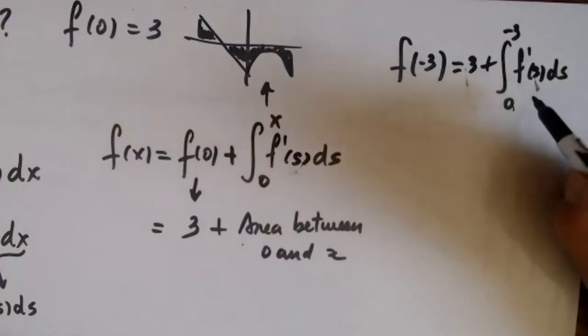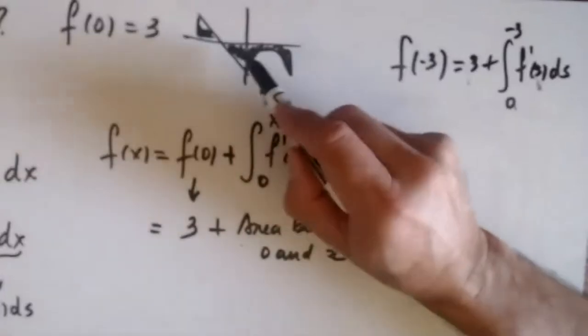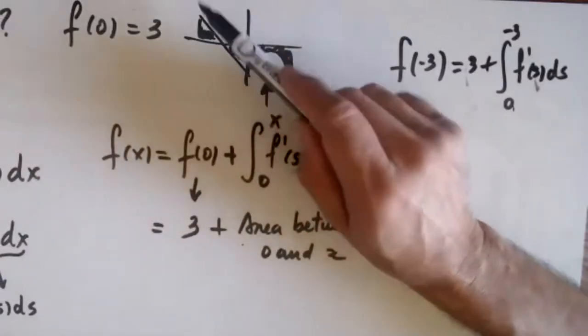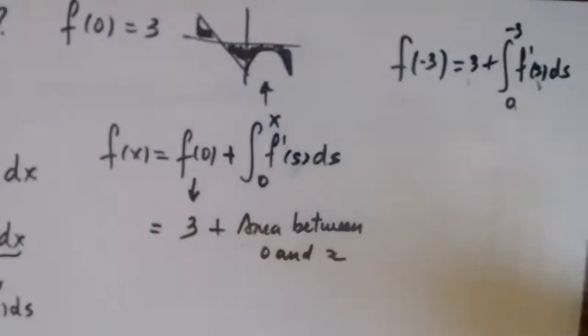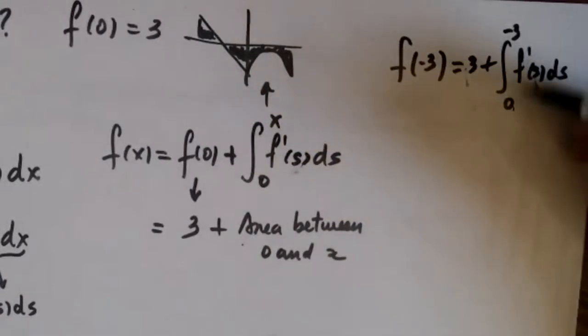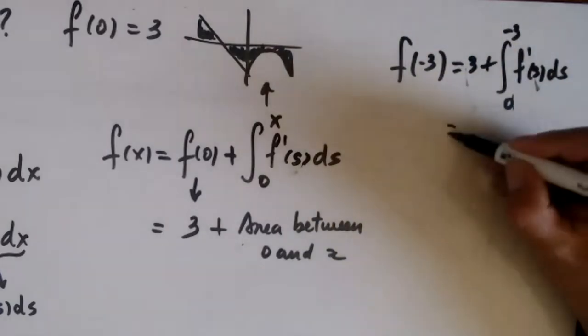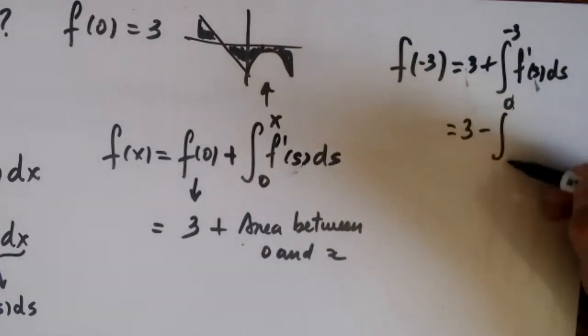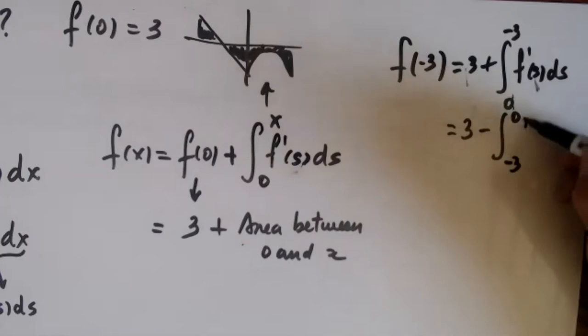So it's the area between 0 and -3. So it's this portion right here and this portion right here. But now you see the 0 and the -3. What happened with these two numbers? -3 and 0. Are they in the correct position? No. So I have to do 3 minus the integral from -3 to 0 of f prime of s ds.